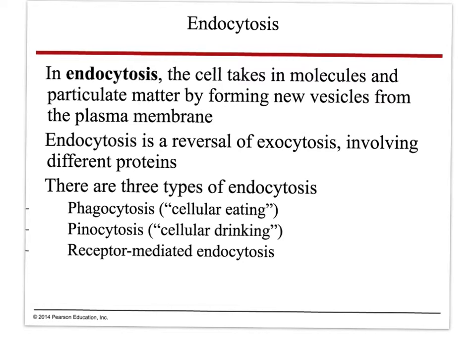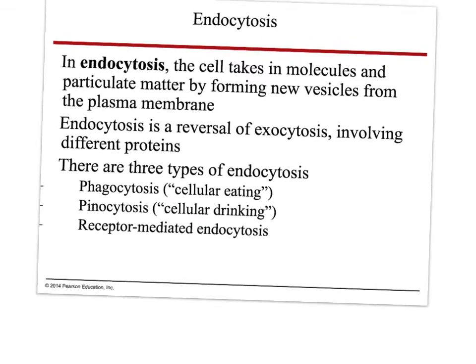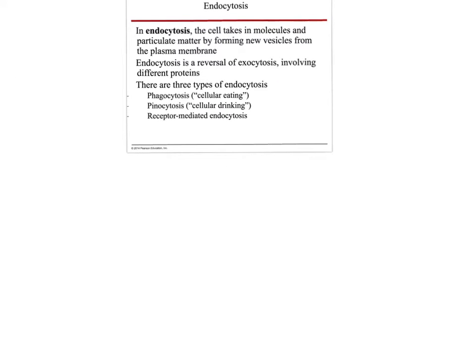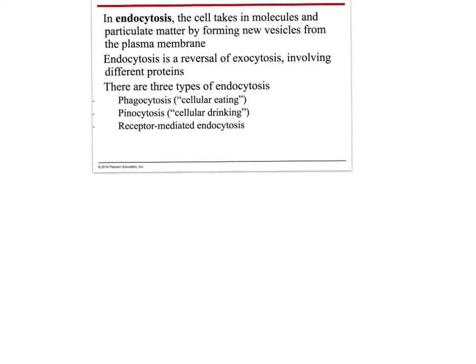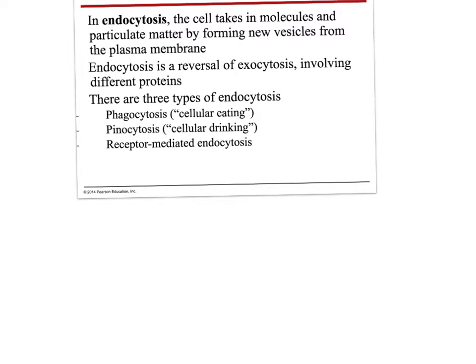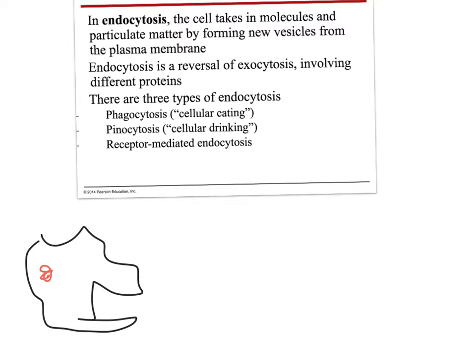So phagocytosis happens in amoebas. Let's make it a little bit bigger so you can copy. Here's our amoeba, with its nucleus. And there's this little bacterium out here that this amoeba wants to eat.